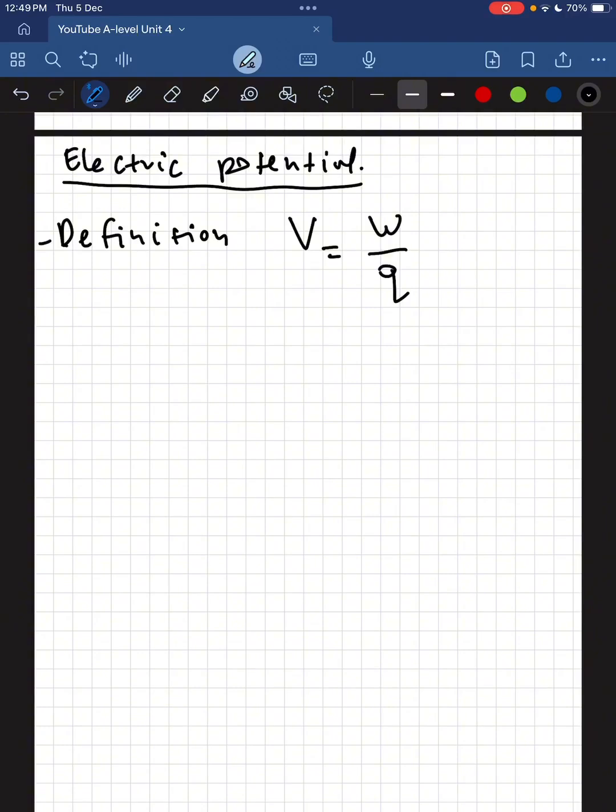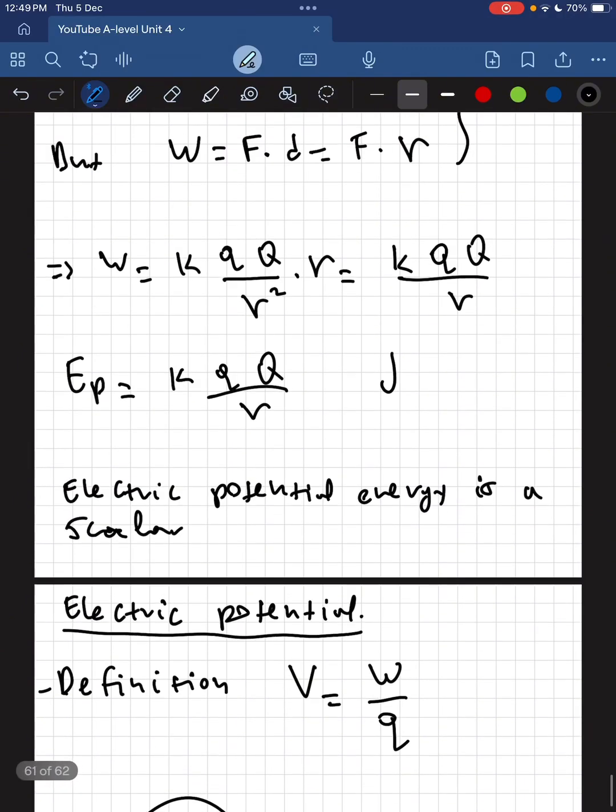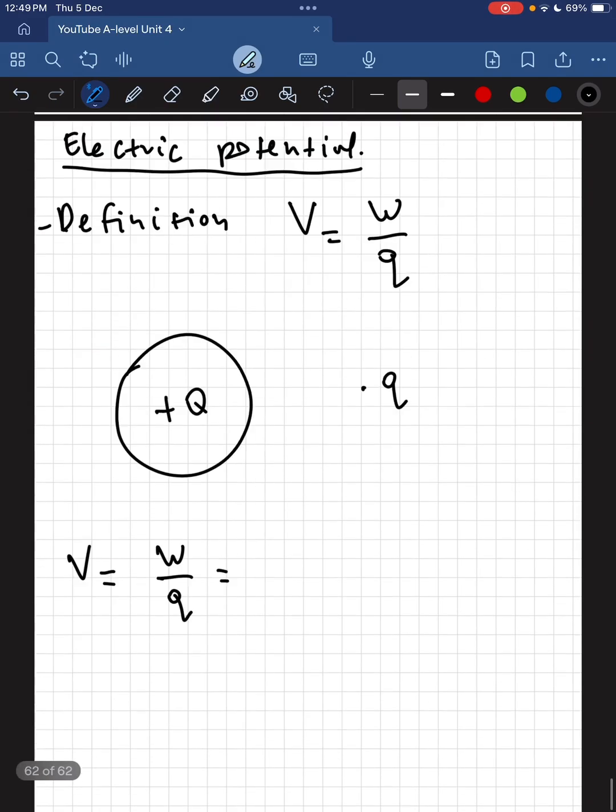Which q? The small q, because again, we use the same concept of having a large charge Q that sets up an electric potential in the vicinity of which a small charge q can be found, okay? So the electric potential V is given by work over q, and what is work? It's this quantity over here.